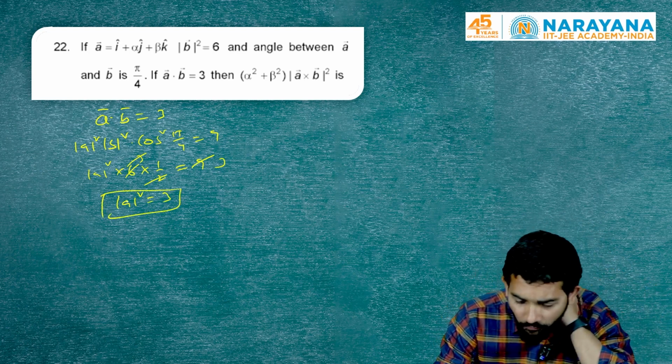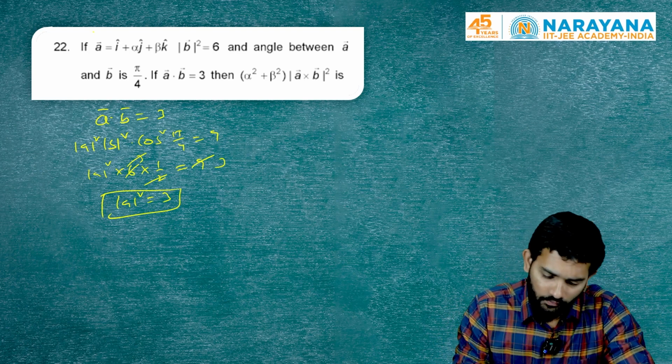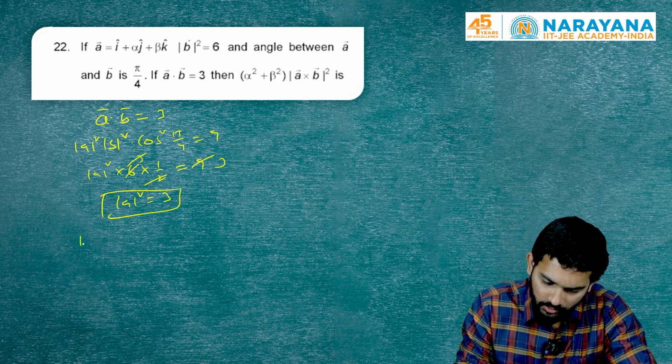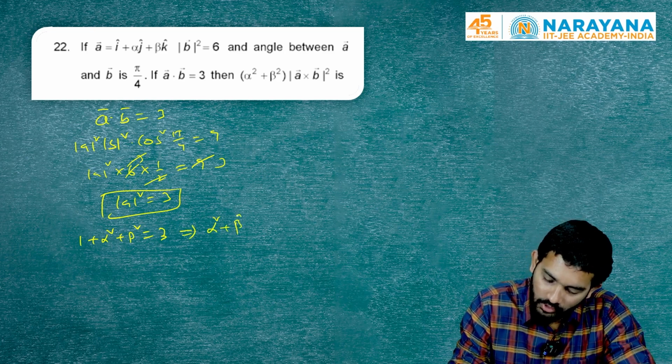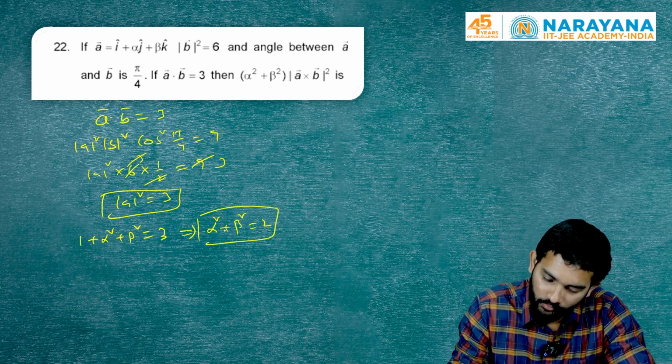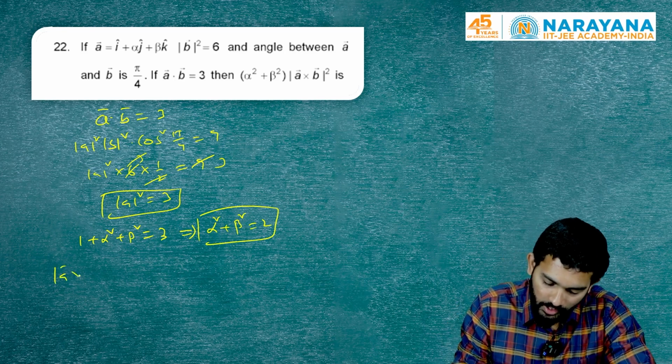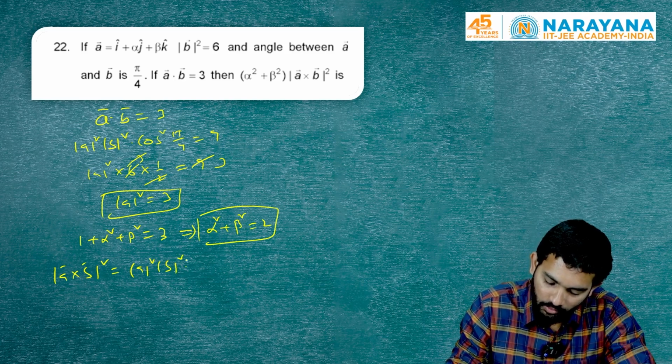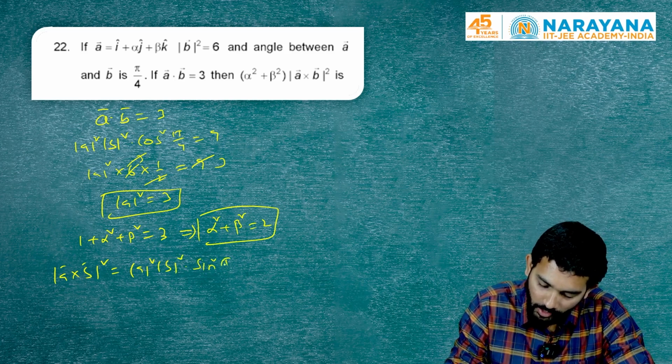Now he is asking alpha square plus beta square. Taking mod a square equal to 3 means 1 plus alpha square plus beta square equal to 3, so alpha square plus beta square equal to 2. And mod of a bar cross b bar whole square will be mod a square mod b square into sine square pi by 4.